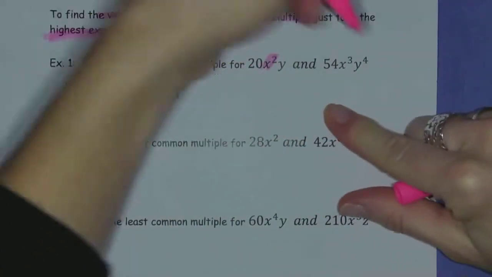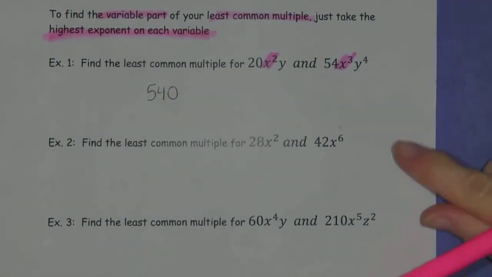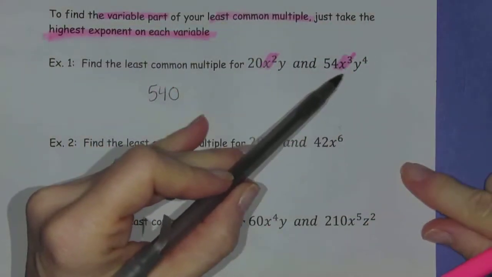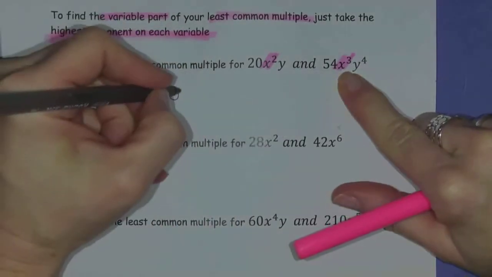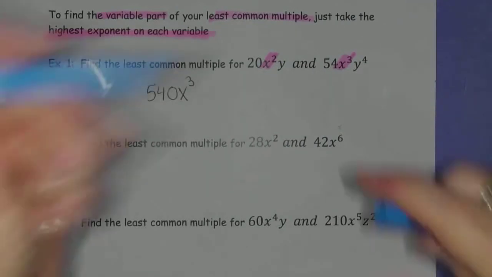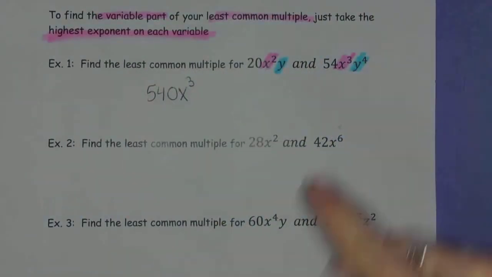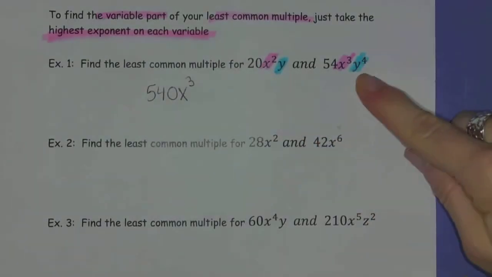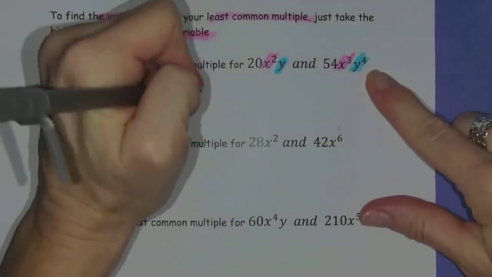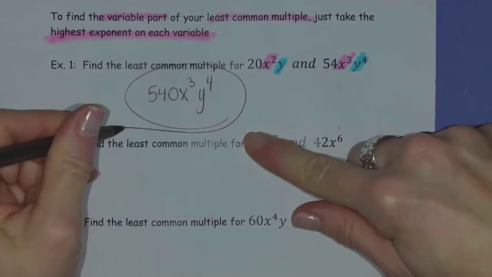We got an x squared, we got an x cubed. We can grow an x squared to become an x cubed, so the common part will be the bigger exponent, x cubed. Now let's look at our y's. Y versus y to the 4th. We can grow a y into a y to the 4th, so we're going to take our higher y to the 4th. Final answer. See how easy that is?